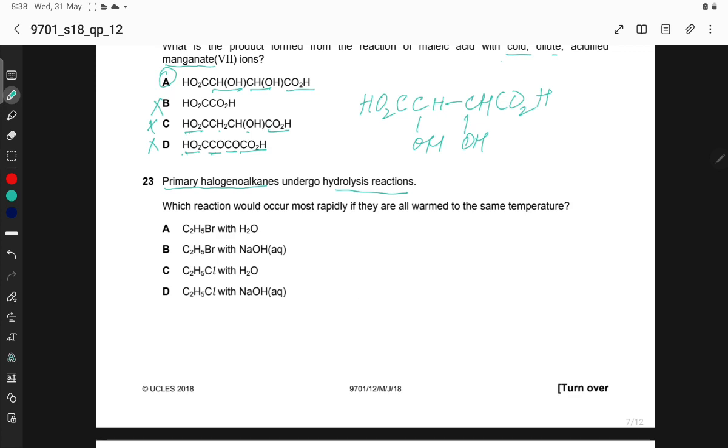Primary halogenoalkane undergoes hydrolysis. So this is, let's say, C2H5Br plus water.